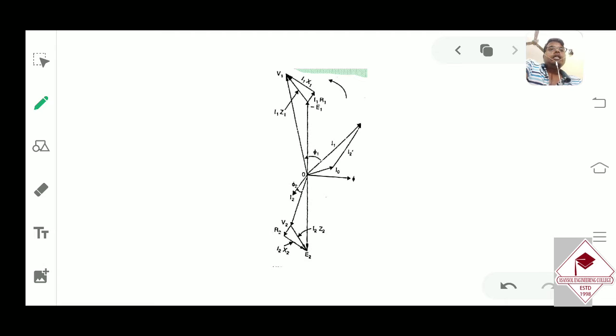Today we will cover how to draw the phasor diagram for a practical transformer. The second thing is how we can transfer parameters from one side to another side. And the third very important topic is we will learn how to draw the equivalent circuit of a transformer step by step. So let us start.